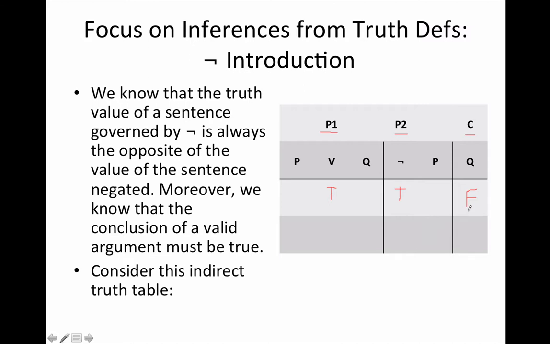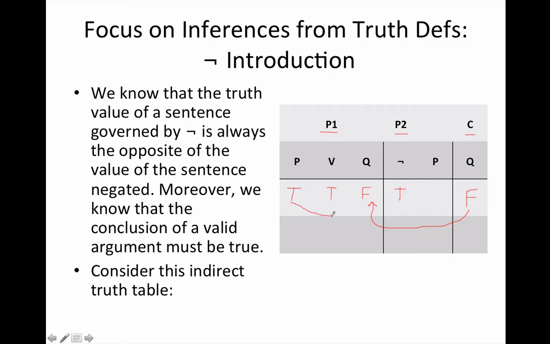If we say that the conclusion is false, we go ahead and plug that value under Q. And we know that if we're saying the disjunction is true while Q is false, while one of the disjuncts is false, then in order to preserve this truth value, P has to be true.